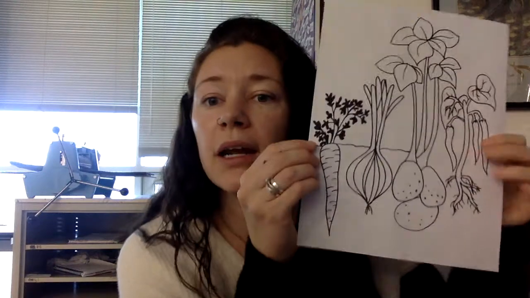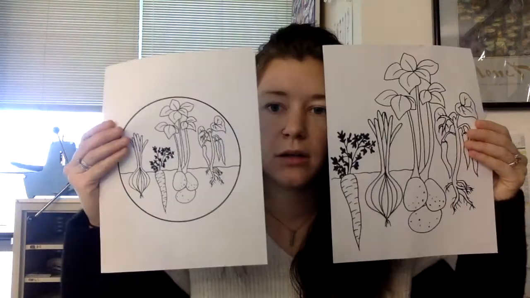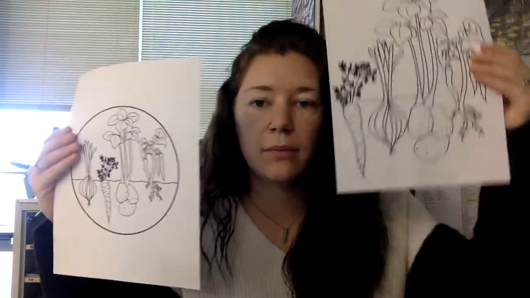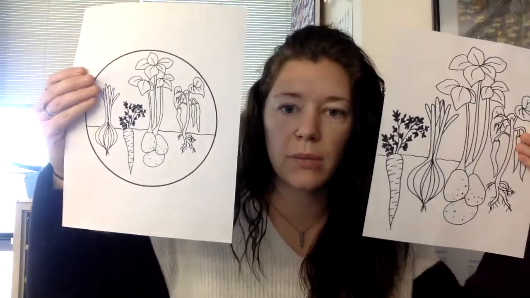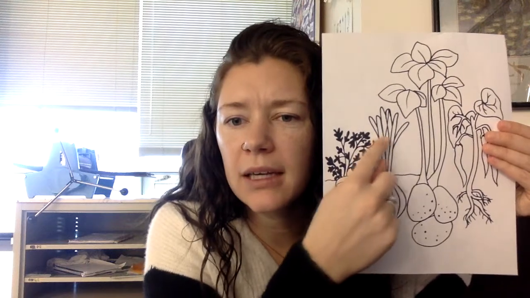But I want to talk about the drawing process. Number one, this is one design that I drew, and then it ended up being this. I drew this, and the rest was created in Photoshop, and I printed it. If you notice in my drawing, I messed up on the onion leaves right here, but I just erased that in Photoshop.